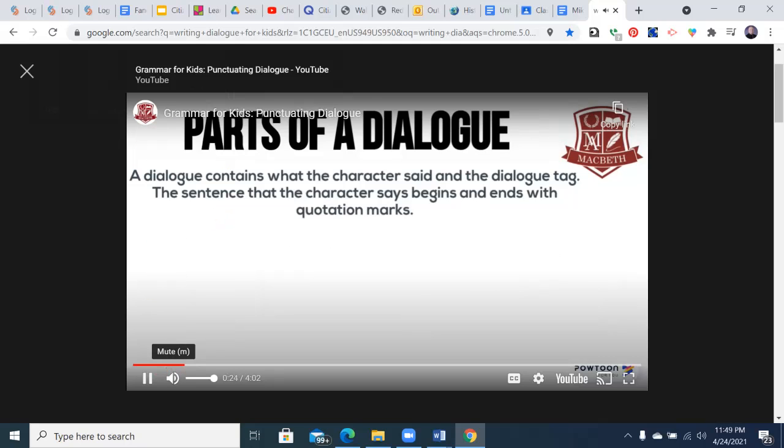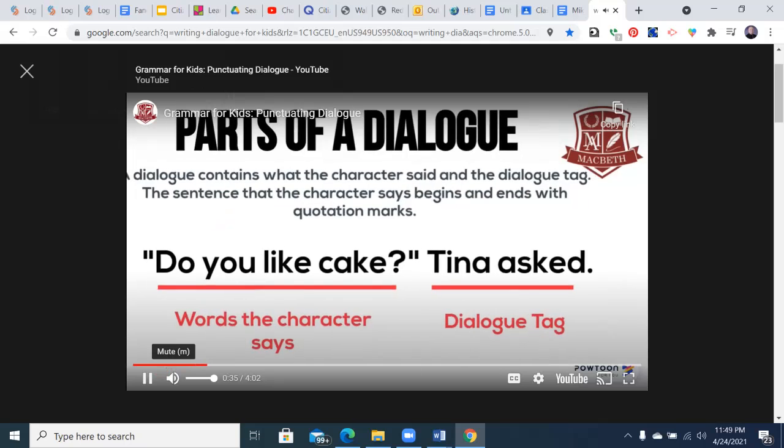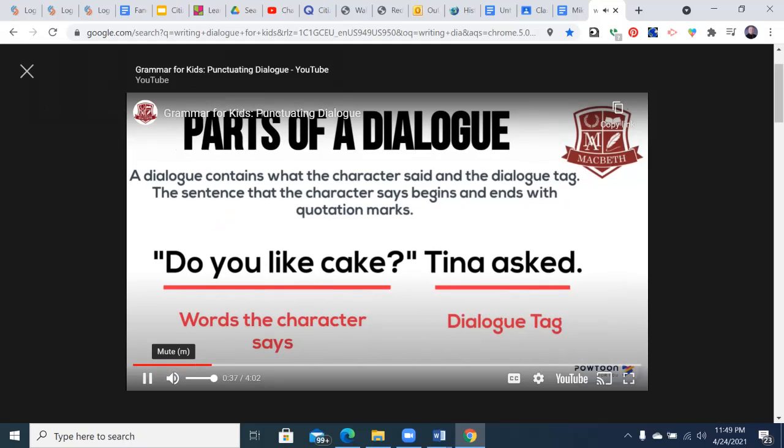A dialogue contains what the character said and the dialogue tag. The sentence that the character says begins and ends with quotation marks. In the sentence below, "Do you like cake?" Tina asked. "Do you like cake" is the sentence that Tina says, and "Tina asked" is the dialogue tag.